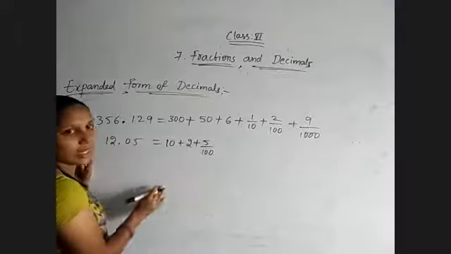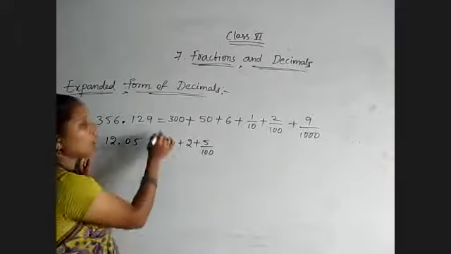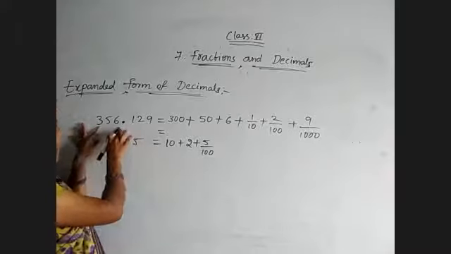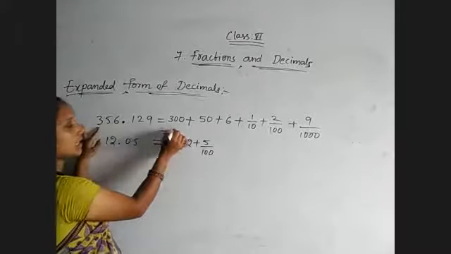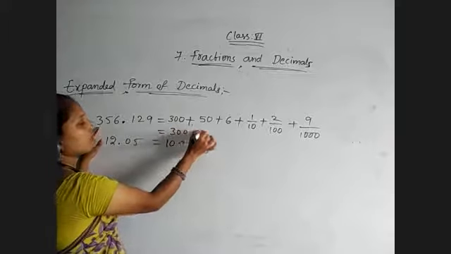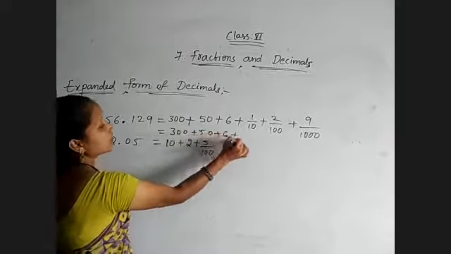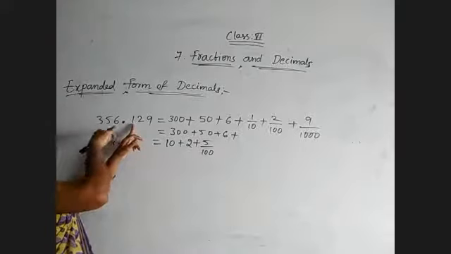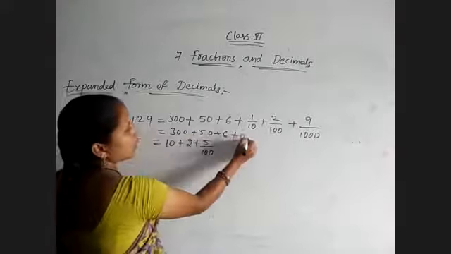the same values we can also write in decimal notation. How can we write it? Just observe. The whole number part, as it is, we write 300 plus 50 plus 6, plus 1 in the tenths place. That is nothing but 0.1.